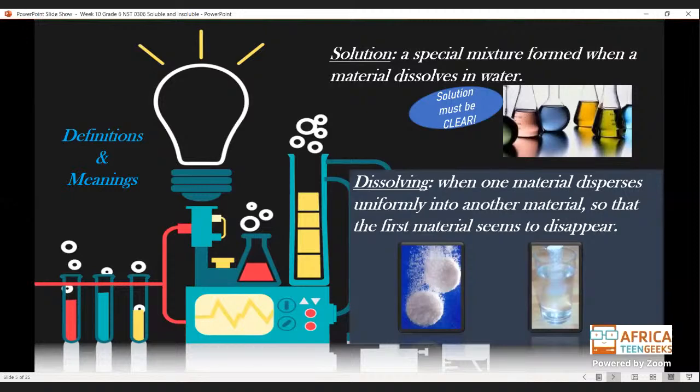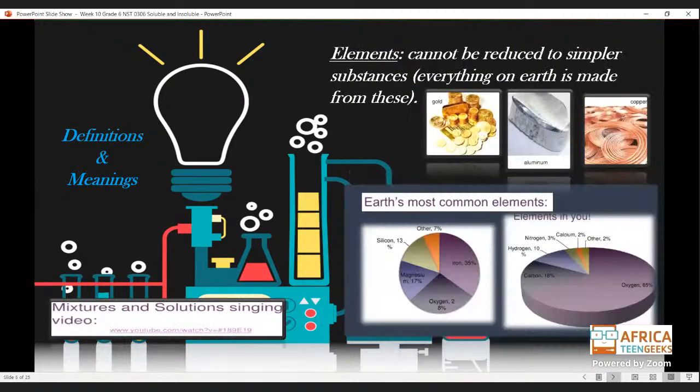There mustn't be bits and pieces in it. Dissolving is when one material dissolves into another, so it blends in with the other so that it becomes transparent, and you no longer see it. So the solute becomes one with the solvent.